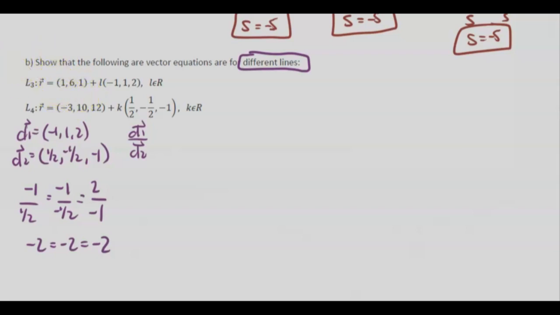So taking a look at these equations, I would rather deal with the equation with no fractions. So let's write the parametric equations for this one. I'm going to write them a little bit differently this time just to save space. We take all of the x components: 1 minus 1L, then 6 plus 1L, and then 1 plus 2L.